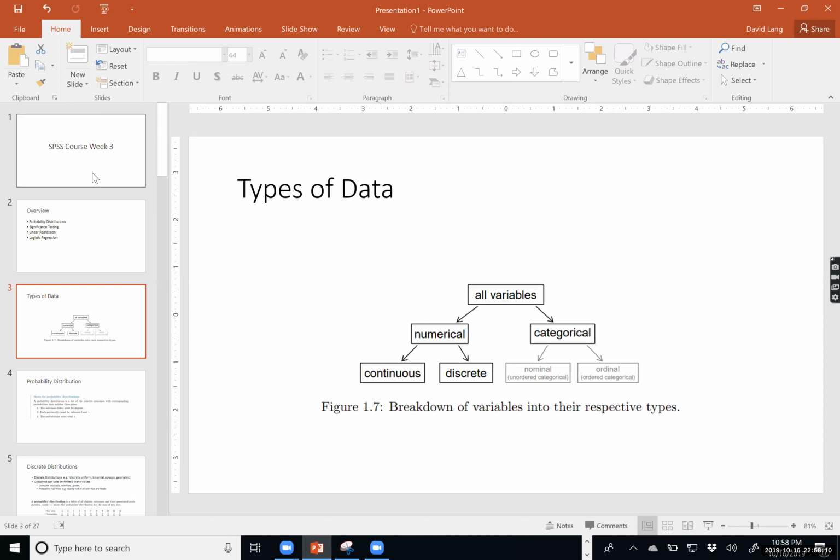There's nominal, which could be something like a patient's blood type, where there isn't necessarily a clear ordering of what should come before or after. And then we have ordinal, which means that there's a natural and logical sequence that you might want to assign to it. So something like shirt size, which could be grouped into small, medium, large, and extra large. While they might not correspond to a numerical value, you might want to treat one as larger than the other.